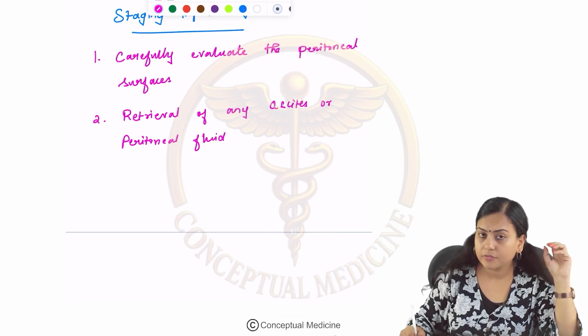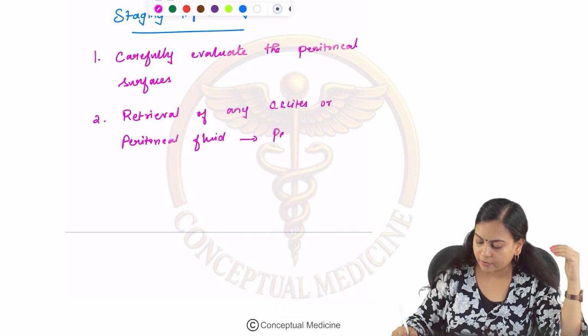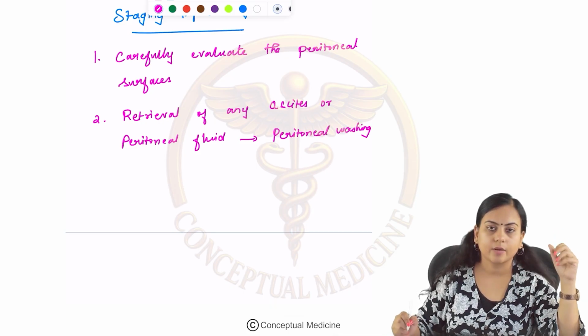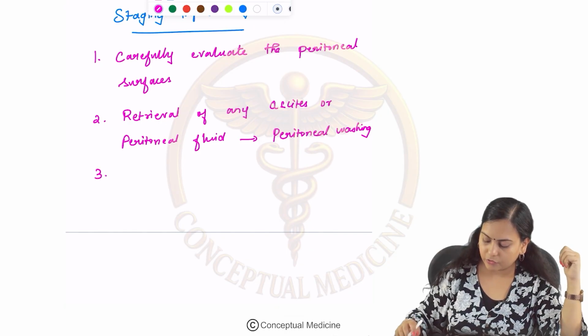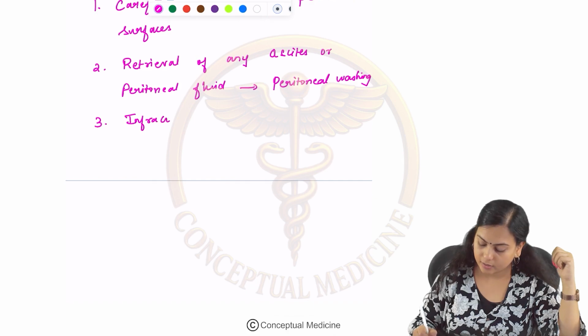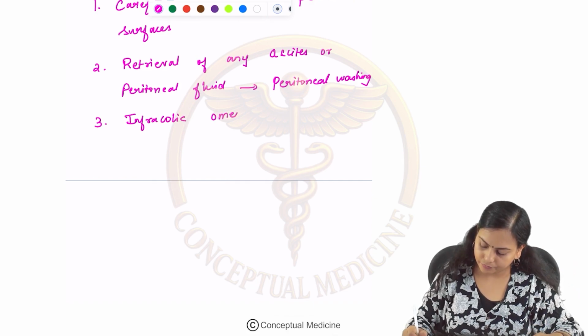Okay, suppose if this is not present, means you have to give a peritoneal washing, okay, with normal saline, and then you can obtain the fluid. You have to do an infracolic omentectomy.